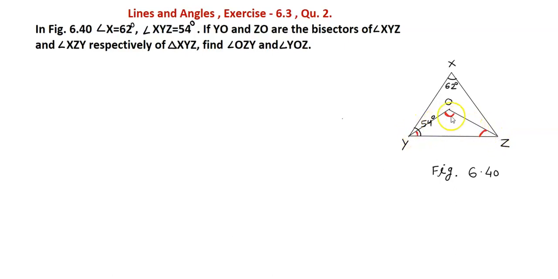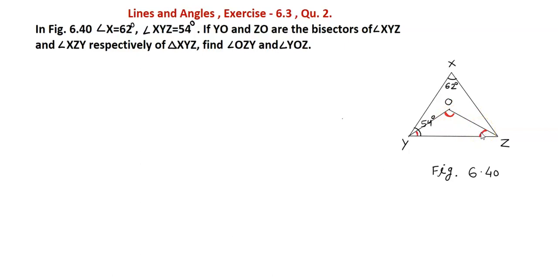YO and ZO are the bisectors of this angle Y and angle Z. Bisector means this YO is dividing angle Y into two equal parts, and this ZO is dividing the complete angle Z into two equal parts. And then we have to find the angles YOZ and OZY. These two angles, we have to find the values of these two angles.